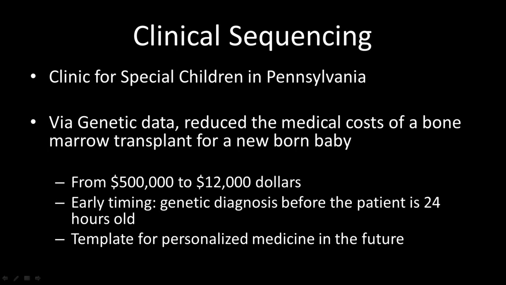This example can be a template for personalized medicine in the future. It shows how our knowledge of our own individual genetic sequences can lead to an immediate reduction in medical costs and also lead to an immediate improvement to a patient's welfare.